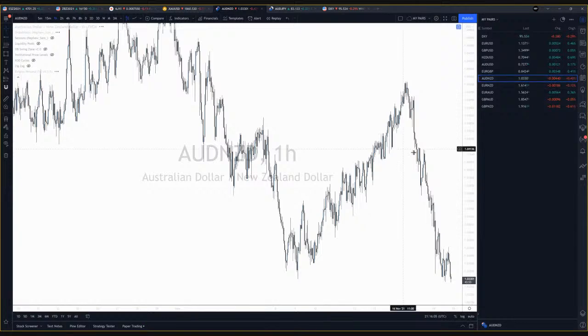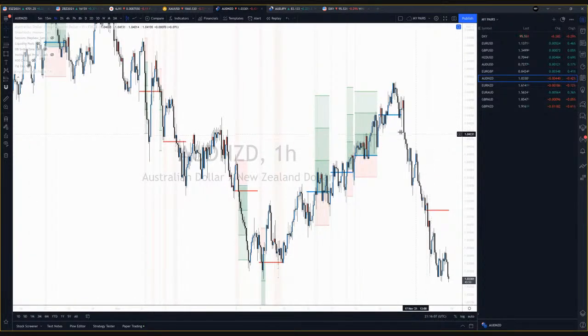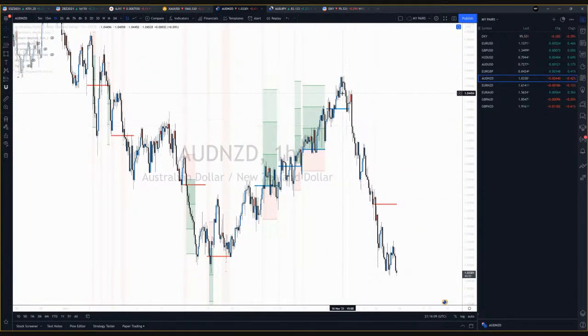Let's go into this one. This is another one I shared this week, I think it was yesterday. Price was here, right? And I said they should come and attack this low, right? This low. Down it goes.